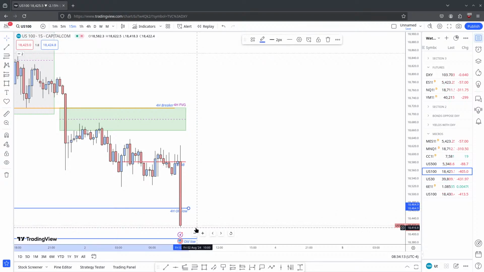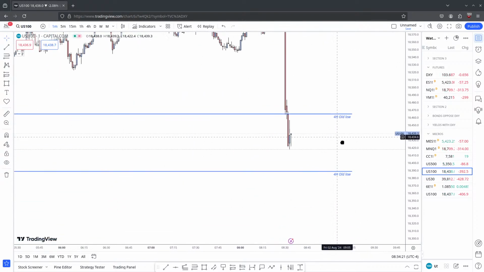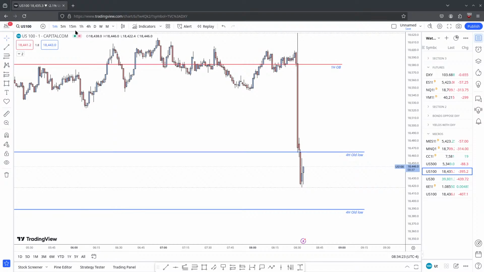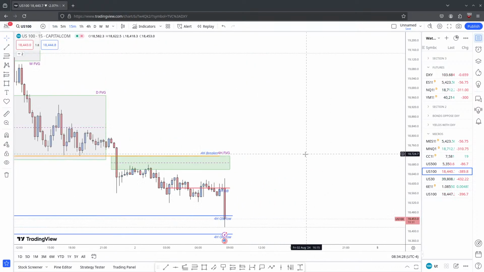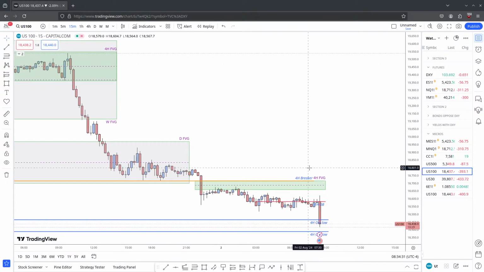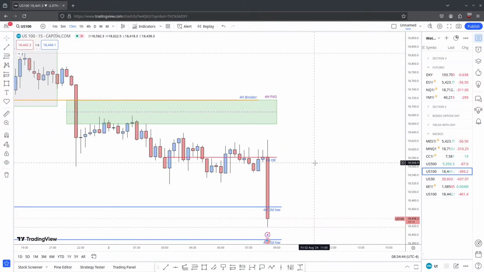Let me just pull these back a little bit so we can visualize them on a lower time frame. Really, really nice. So when this move is all said and done, we could look for a setup higher to take out these highs and then possibly even these highs if the setup does form, because then that would be one-sidedness.